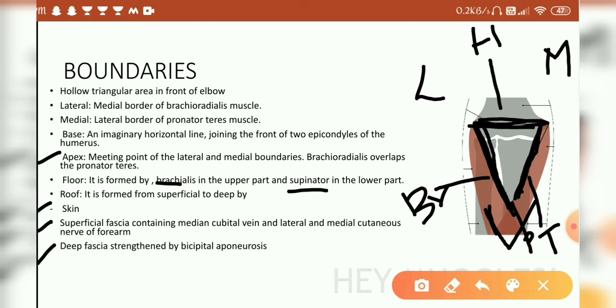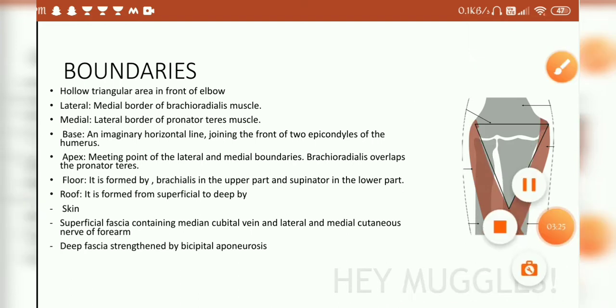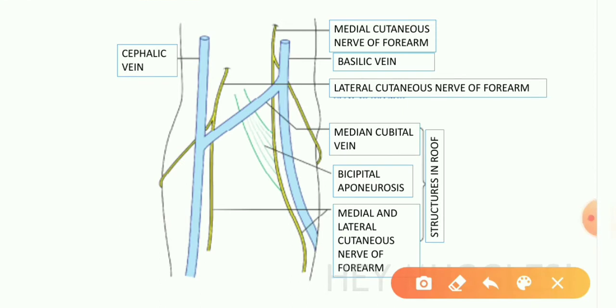So it consists of your skin, then we have superficial fascia, then we have deep fascia. We'll understand the diagram of the roof in the next slide, right? So now coming to the roof of cubital fossa. The roof of your cubital fossa is formed by your skin, your superficial fascia and your deep fascia, right?